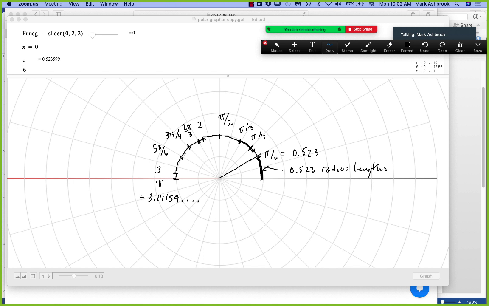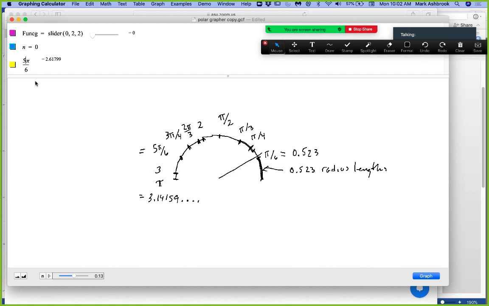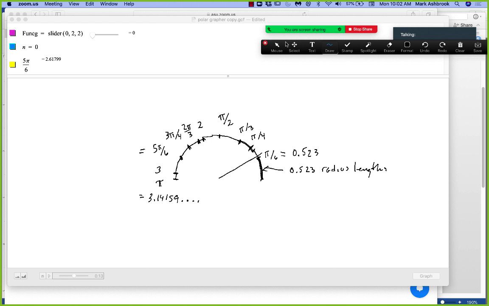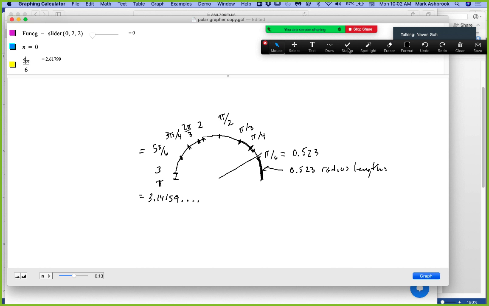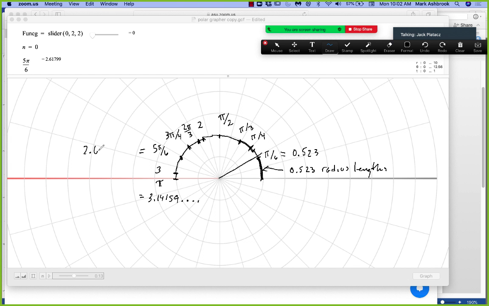So for instance, what's the number 5 pi over 6? It's 2.618, which means what? The arc length drawn by that is 2.618 times the radius of the circle.